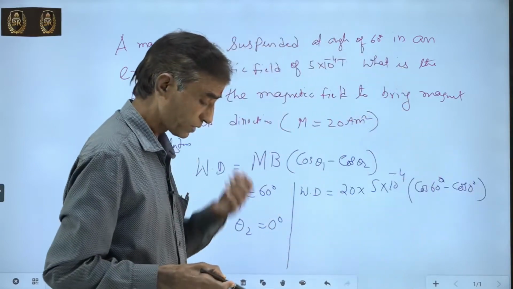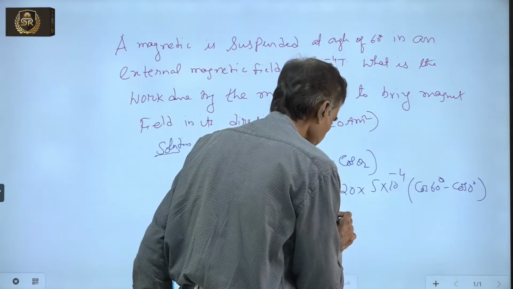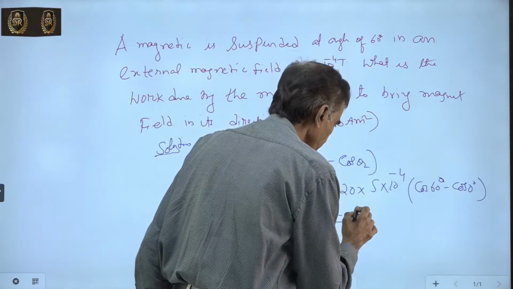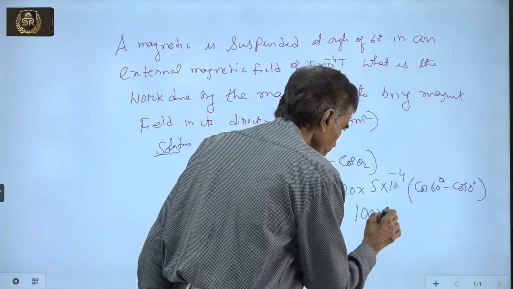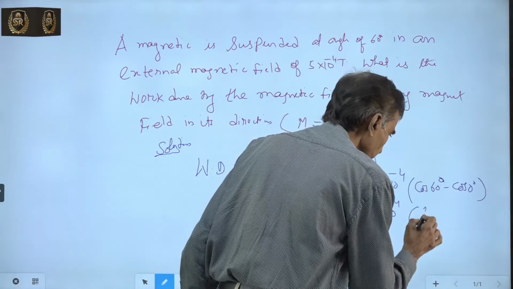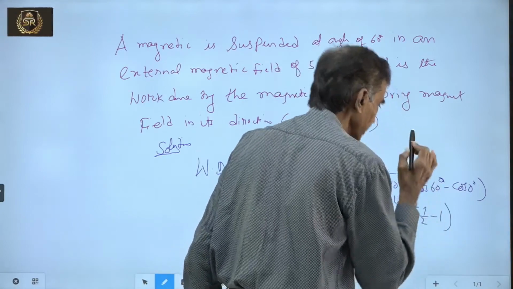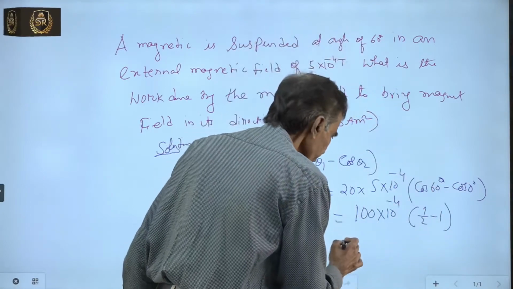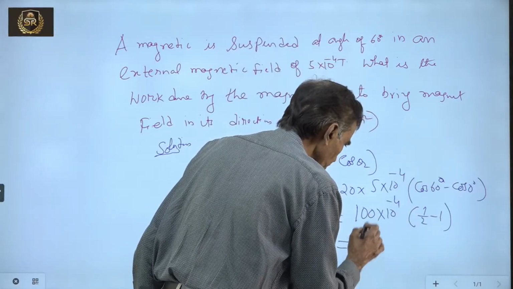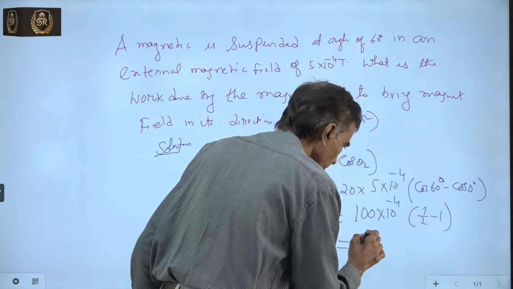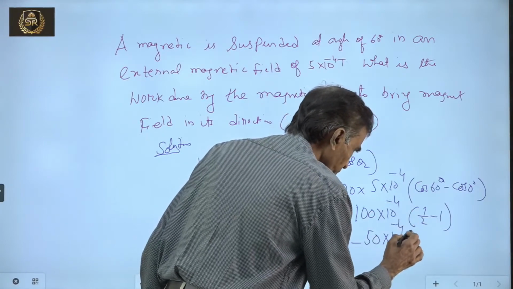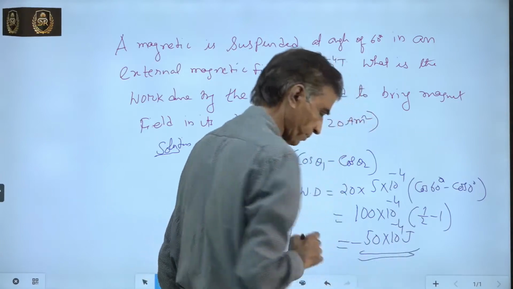Direct substitution only. So, that is equal to 20 into 5, 100, into 10 power minus 4, into (cos 60, 1 by 2, minus 1). So, that is minus 1 by 2. So, 100 by 2, that is minus 50 into 10 power minus 4 joules.